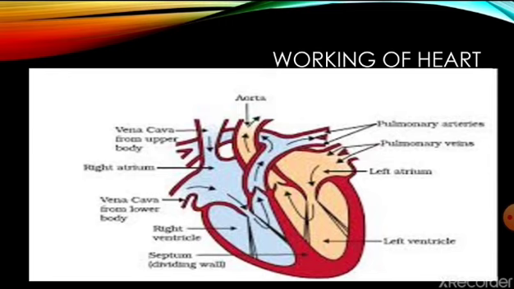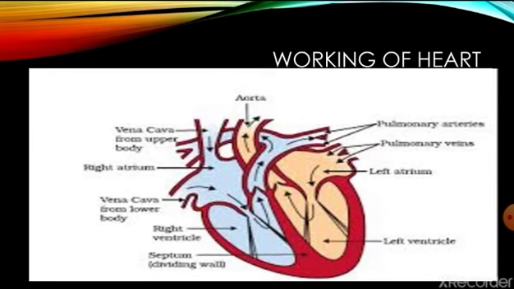Now over to the working of the heart. We all know that the pulmonary veins bring the oxygenated blood from the lungs and drain into the left atrium. When the left atrium gets filled, it contracts and the blood is pushed into the left ventricle.